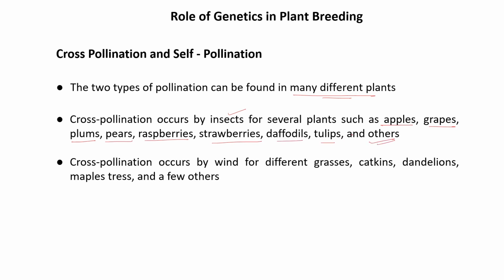So these are the plants in which insects are required for pollination. Cross-pollination occurs by wind for plants like grasses, catkins, dandelions, maple trees, and a few others. These plants do not have any scent, and the flowers are not brightly colored, so they are pollinated with the help of wind.